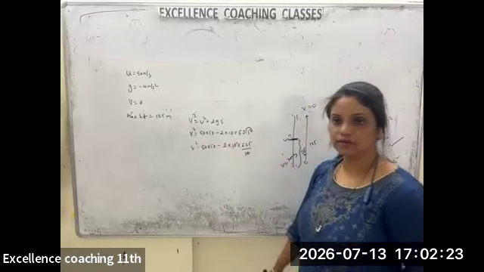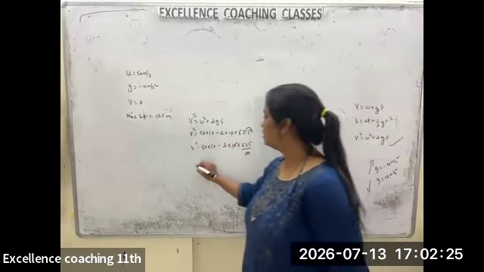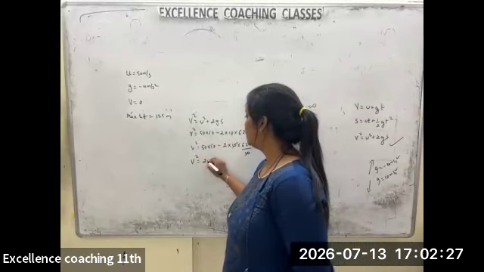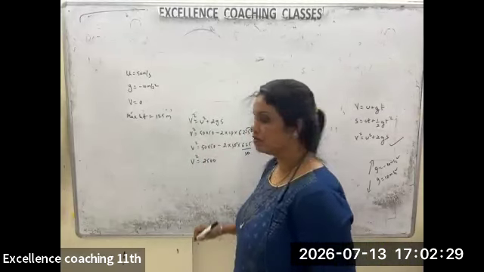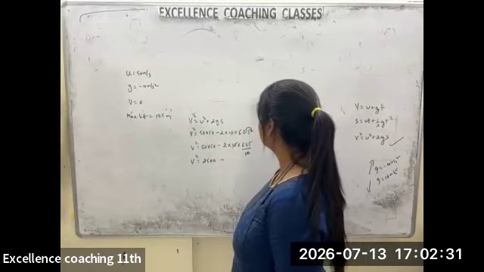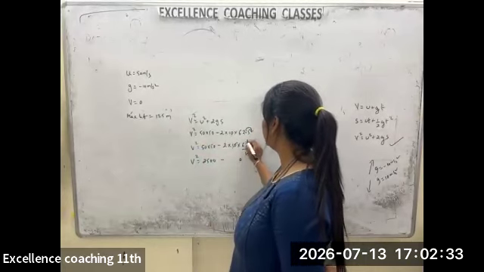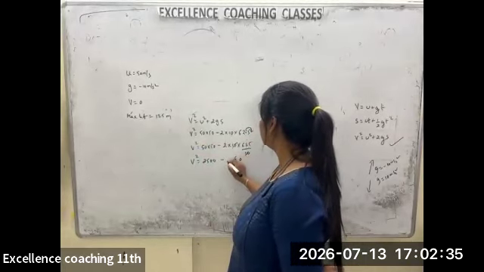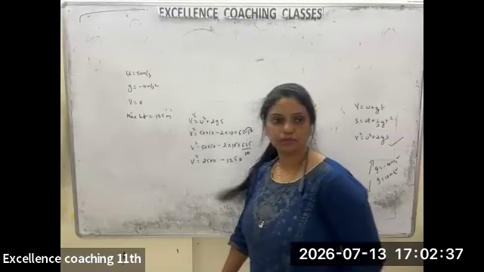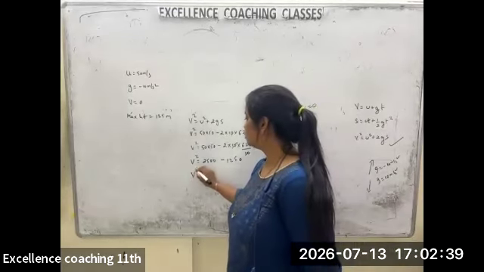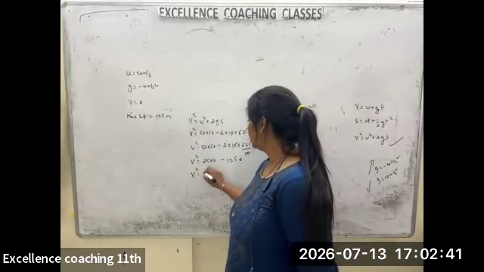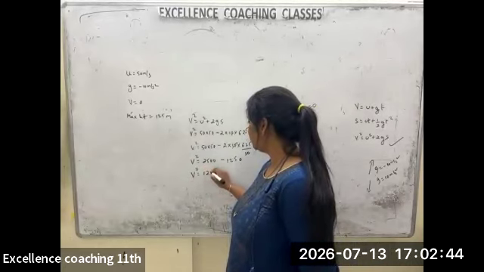So 10 got cancelled. So you're left with 2500 minus 5 is 10, 5, 12, 1250. So B square will be, I think 1250, no?